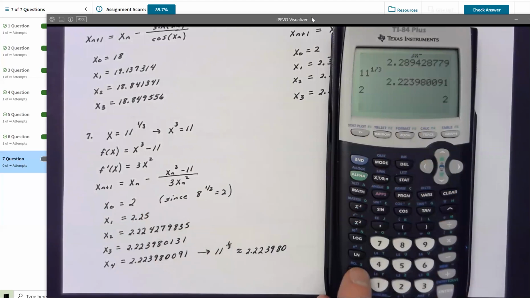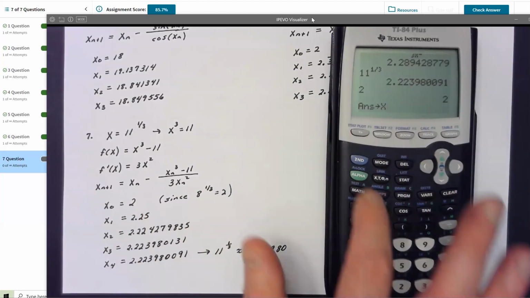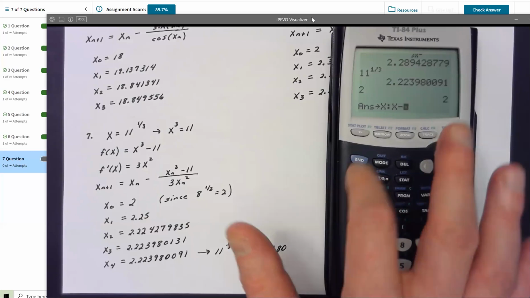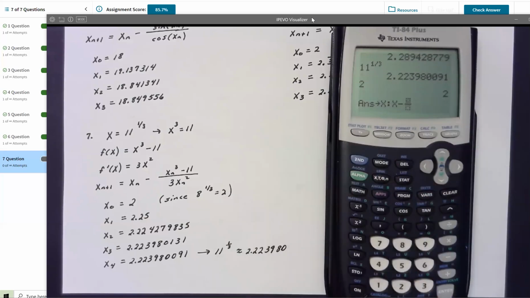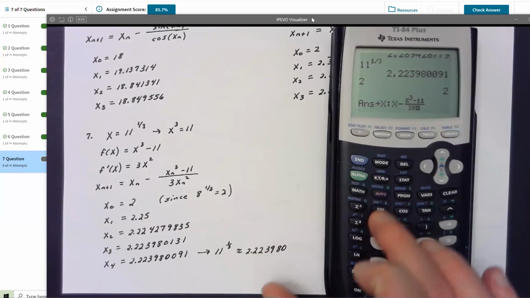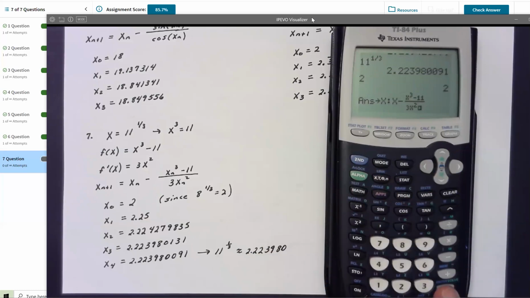Now, if I put that 2 into my calculator, 2 is my answer. Now I store that answer in as the variable x, then I type in Newton's method, x minus the fraction, x cubed minus 11 divided by 3x to the second. We get our first refined guess here. You see where I got the 2.25. Now, in this problem, it didn't just say x1, x2, x3.